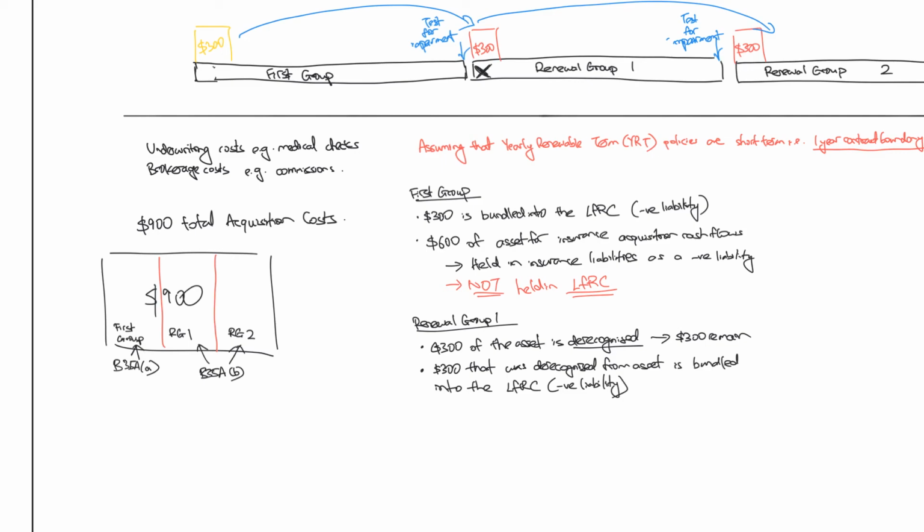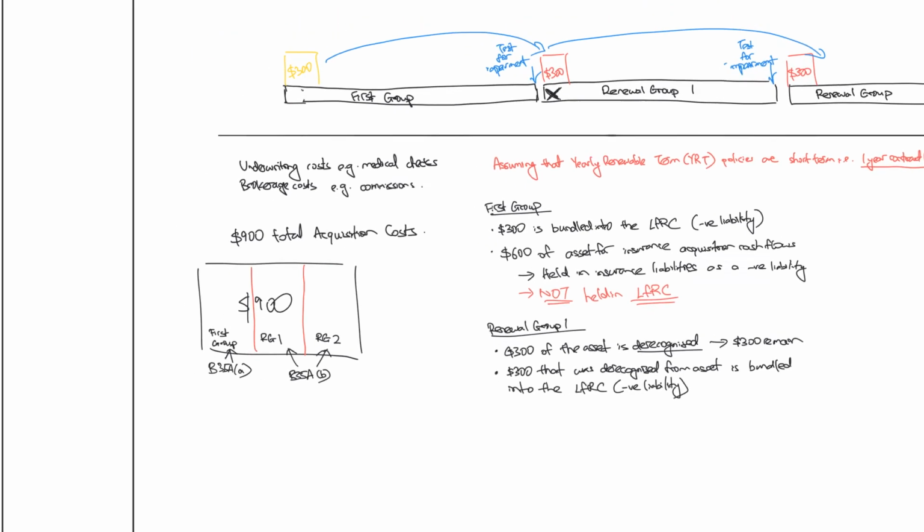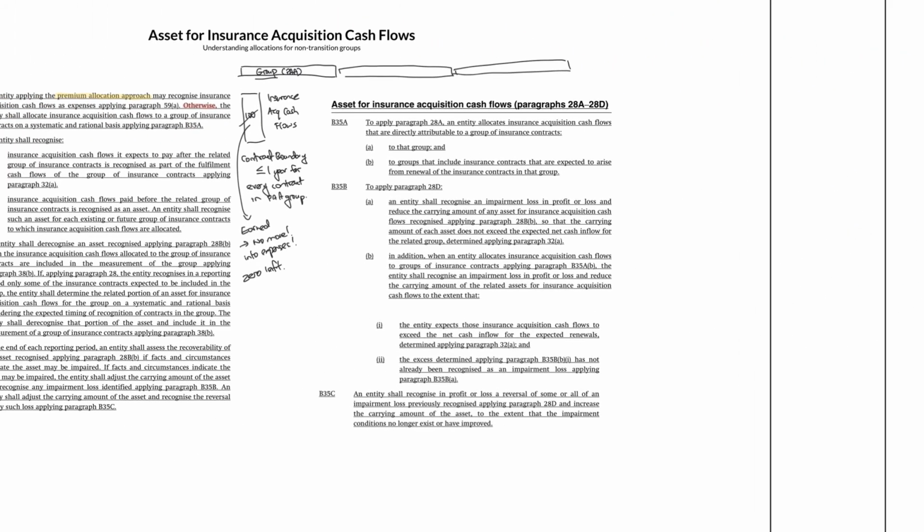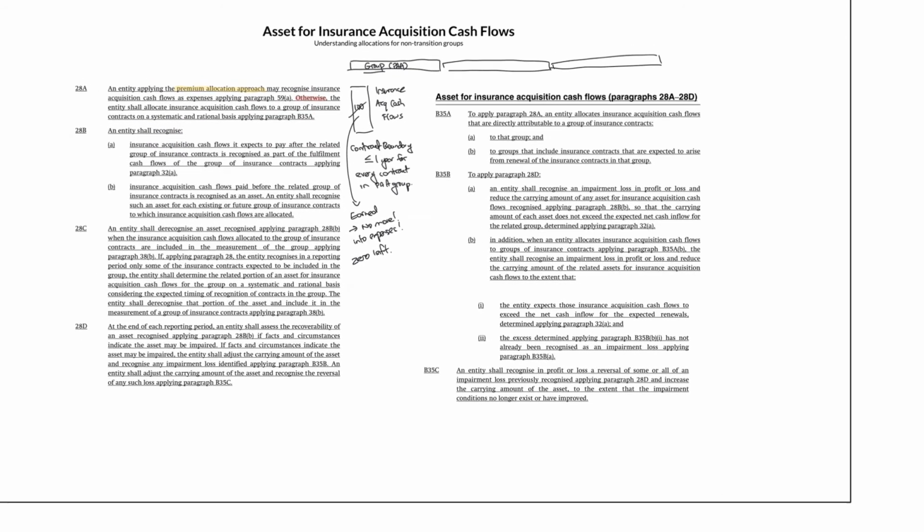Okay, so how we started, if I move back to this asset for insurance acquisition cash flows, well, we started off by saying if you're applying the premium allocation approach, then maybe you can write everything off and then you have nothing to allocate.